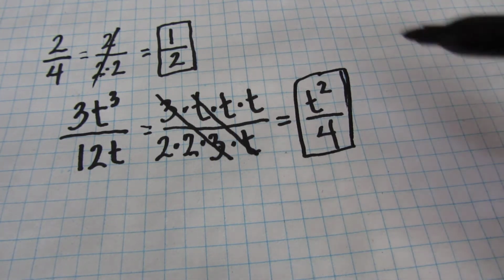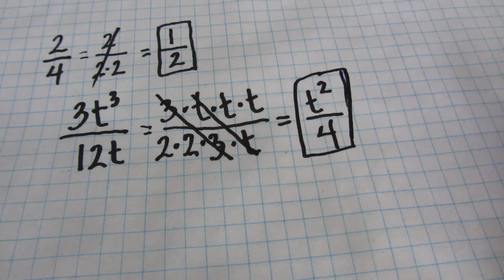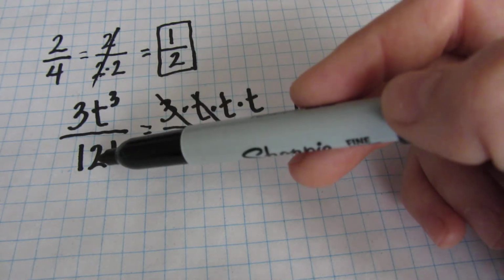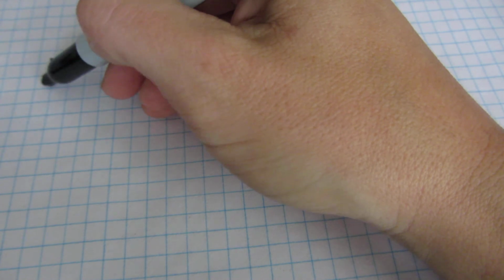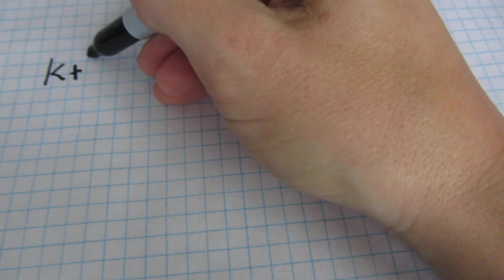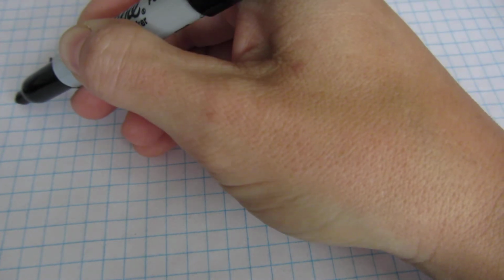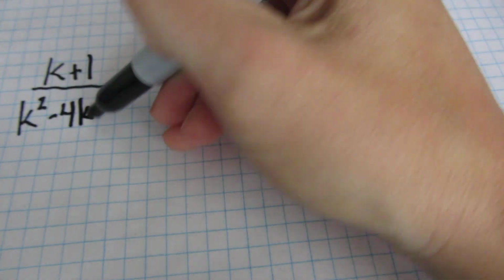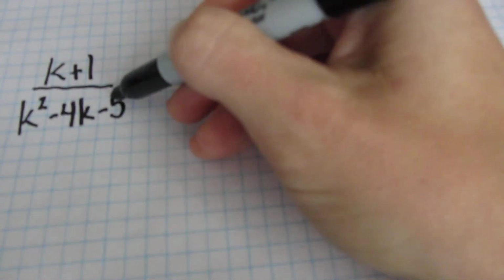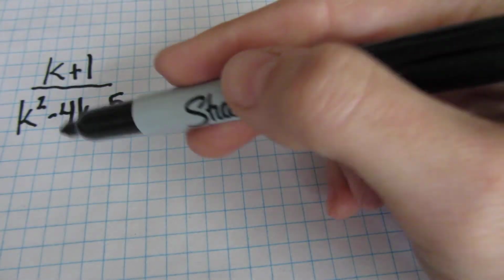Okay, let's take another situation where we might have not 2 monomials, but maybe polynomials involved with our simplification. Let's take that expression that we used previously, k plus 1 over k squared minus 4k minus 5. And let's work on factoring.